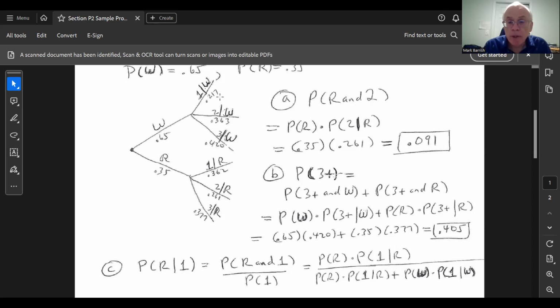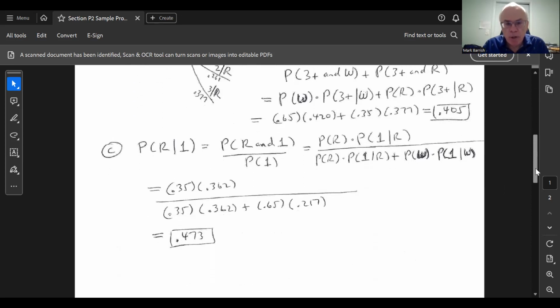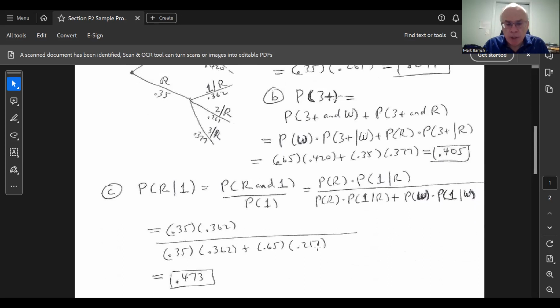And the sum of those two numbers gives you the denominator, and then you just divide. I showed you all the actual formula, but again, you could have just skipped this step with all these conversions here and simply used the tree diagram and multiplied everything through, and you would have gotten this answer, 0.473.